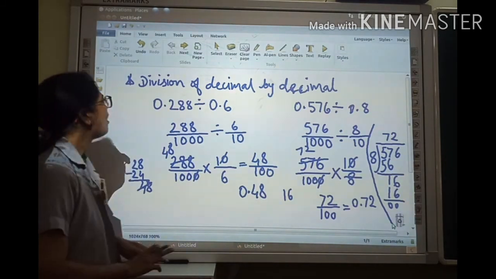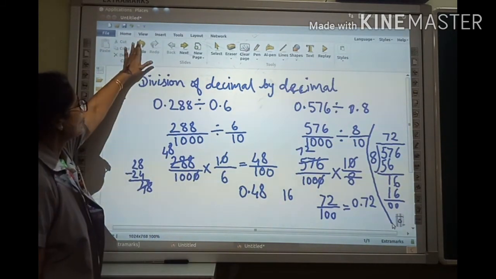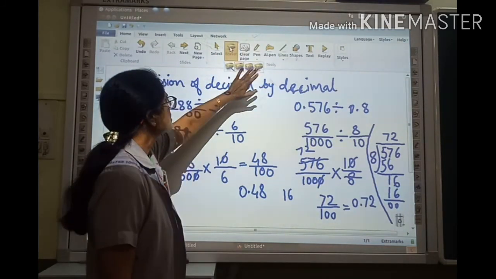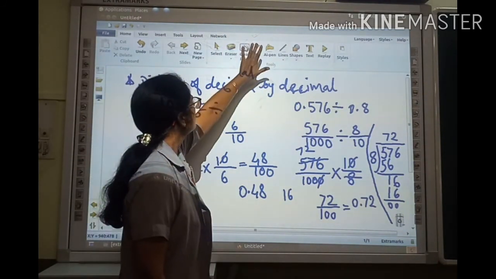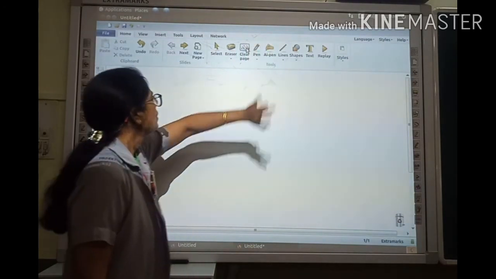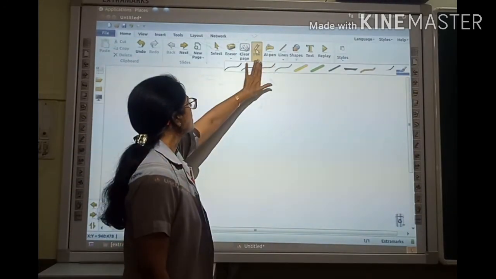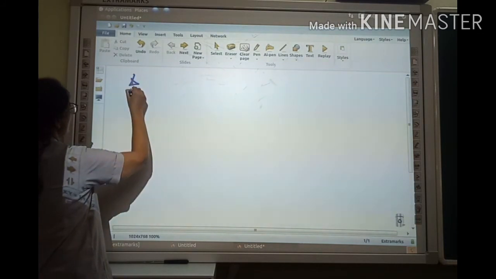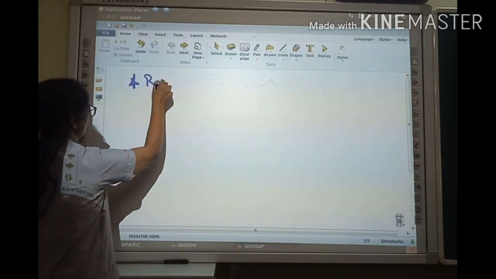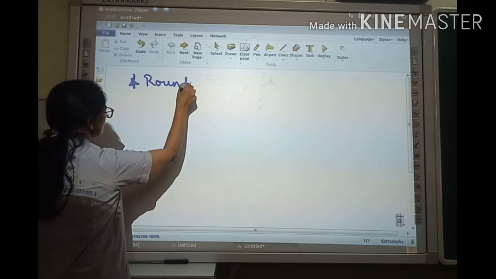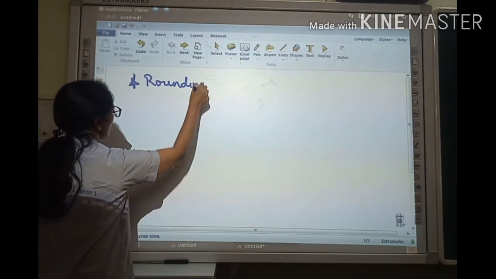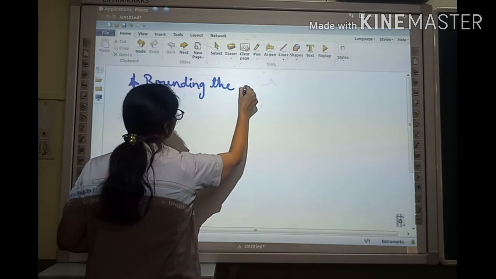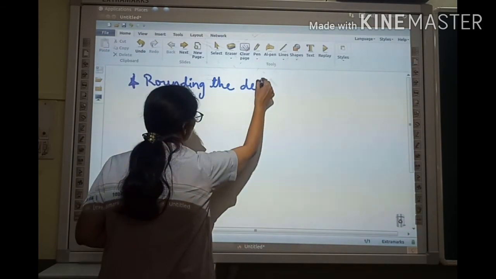Now our next point is rounding off the decimal numbers. So now I will explain the next point, rounding the decimal numbers.